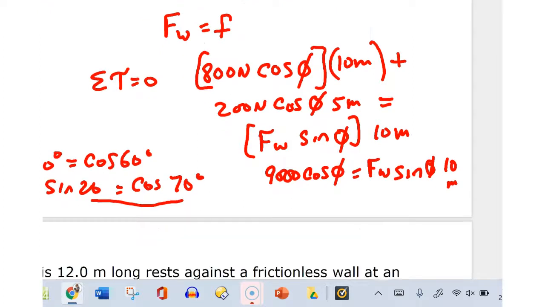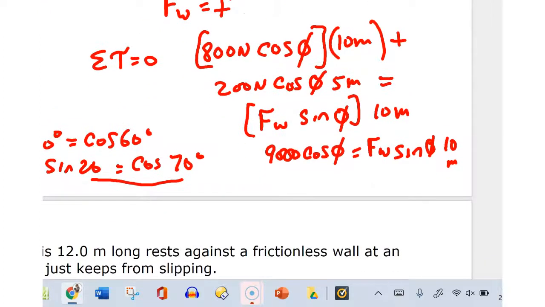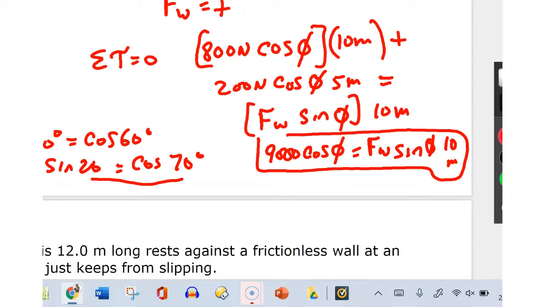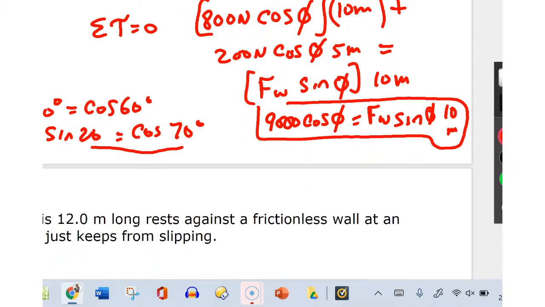It's getting a little crowded here. So it comes down to this. And then, let's see where we go over here. So we can clean this up a little more. Divide both sides by 10. It's 900 cosine theta equals FW sine theta.